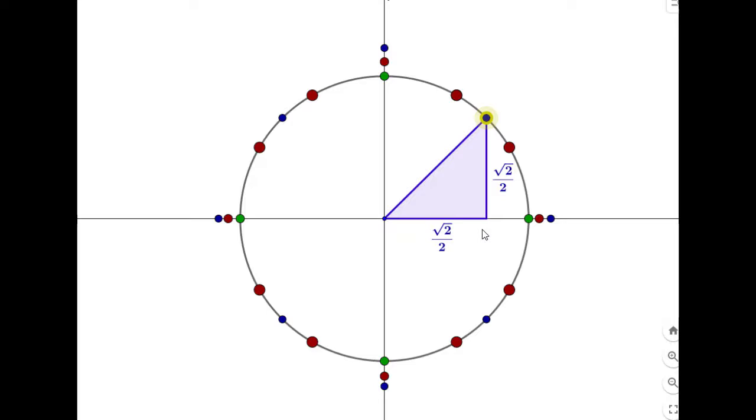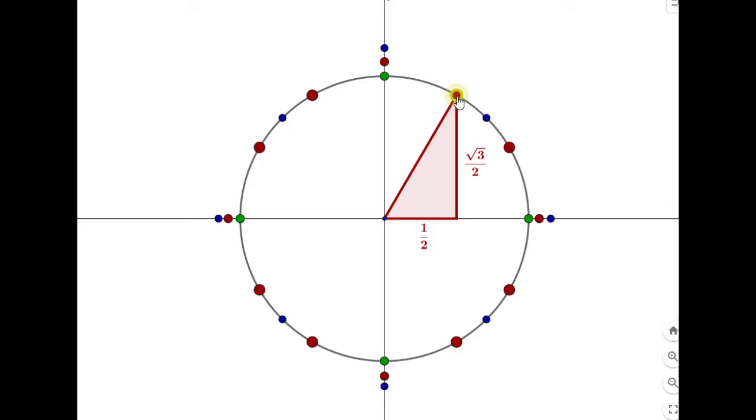Right now we are focusing on the cosine value. Then I continue to move my terminal point to the pi over 3 angle, and once again the length corresponding to the x coordinate gets even shorter.